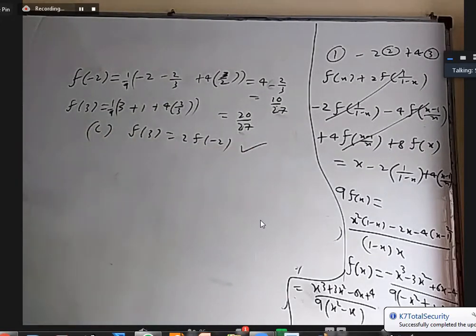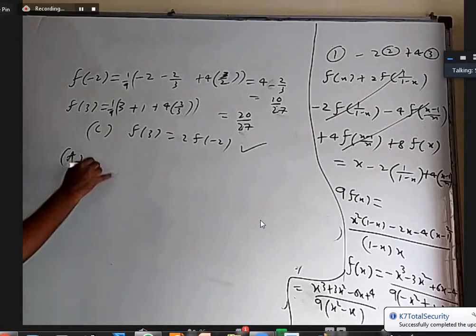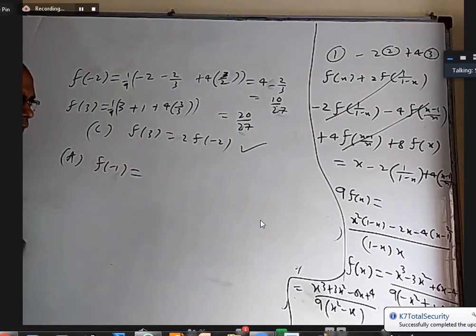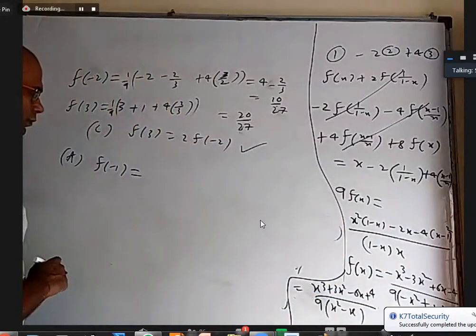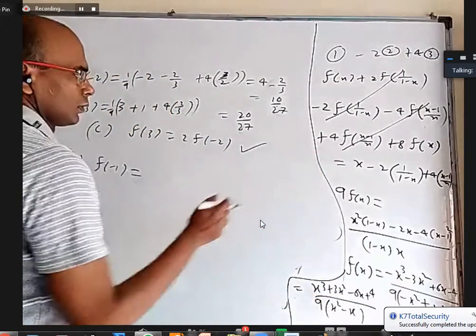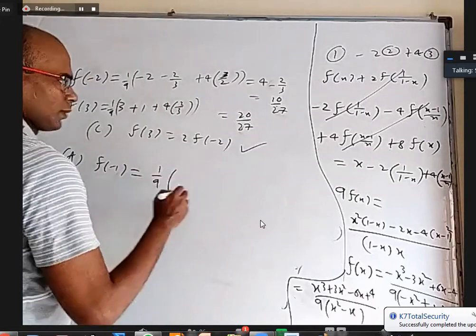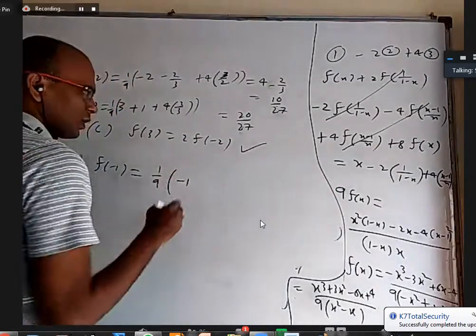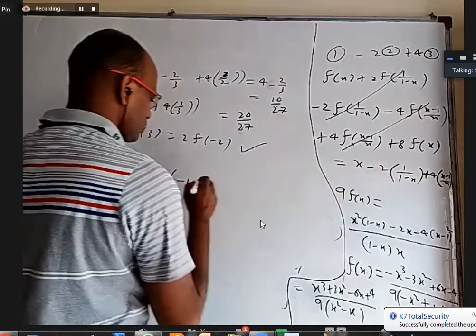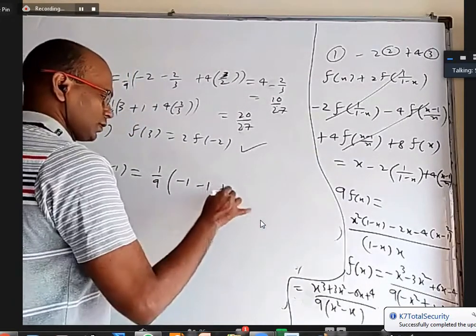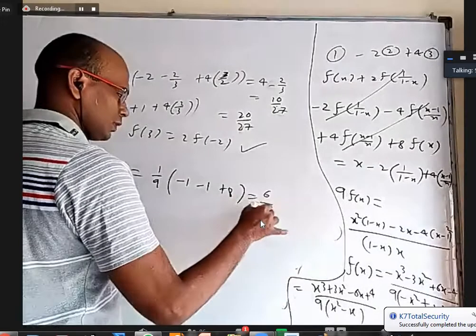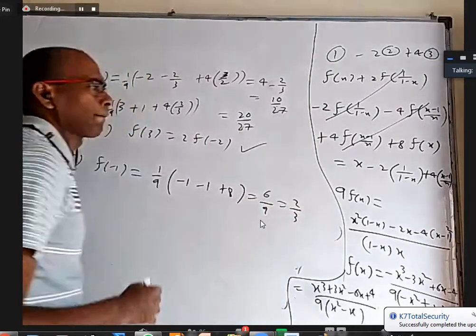Whether option A is right, we have to really find. So if you want option A, f of minus 1 has to be found. Once again, you can put it here or put it here, your choice. 1 by 9 times, when I put minus 1, this is minus 1, this is plus 2, so that is also minus 1. When I put minus 1 there, it is 8. So 6 by 9, 2 by 3.